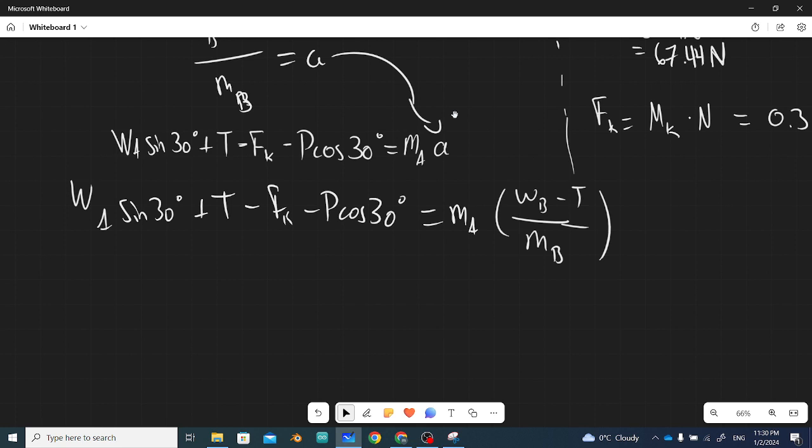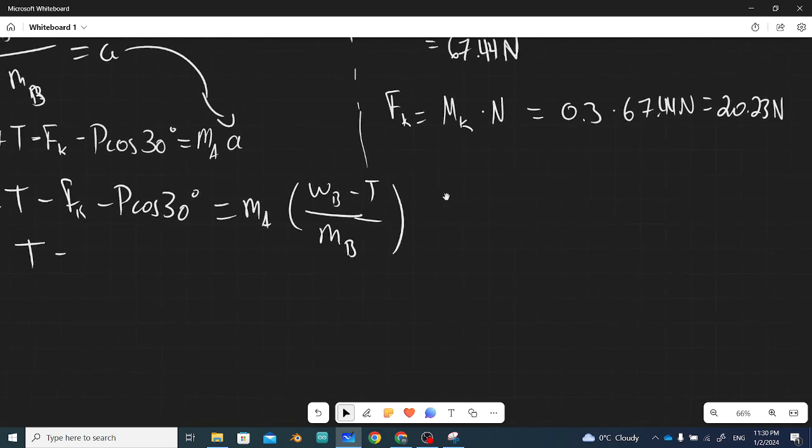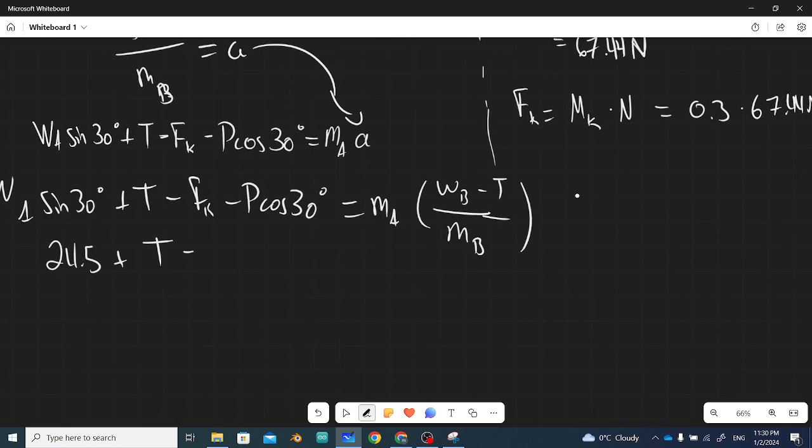So weight of A sine of 30, that's 5 times 9.8 sine of 30. So this is 24.5, so 24.5 plus T, we don't really know that, minus kinetic friction, which was 20.23.